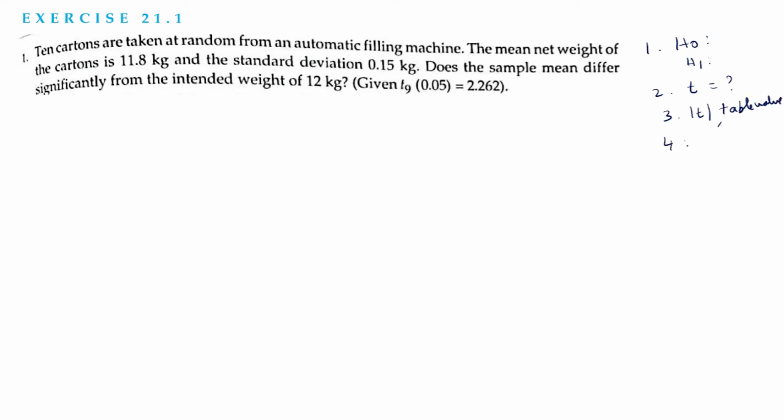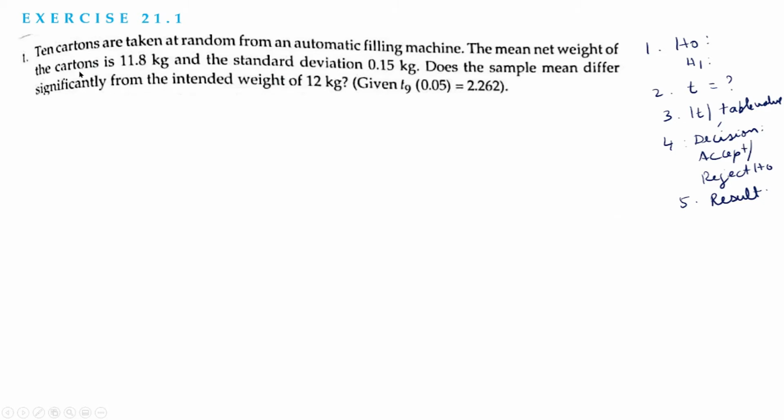The fourth step is making a decision whether to accept or reject H0. And then the last step is we have to summarize the result. So the last step is the result. So these are the steps involved in one sample t-test.